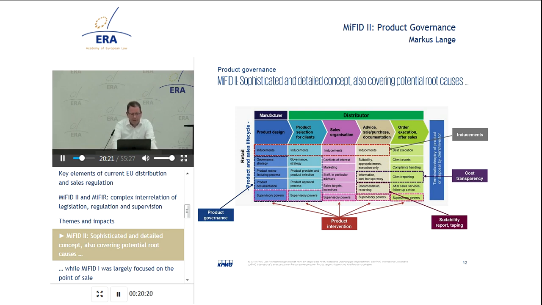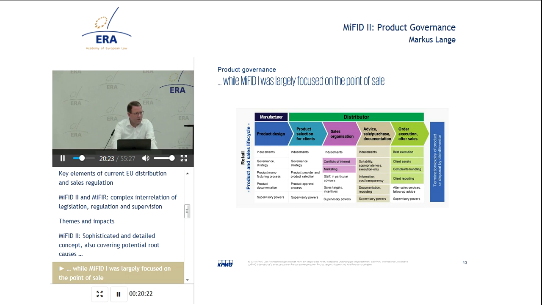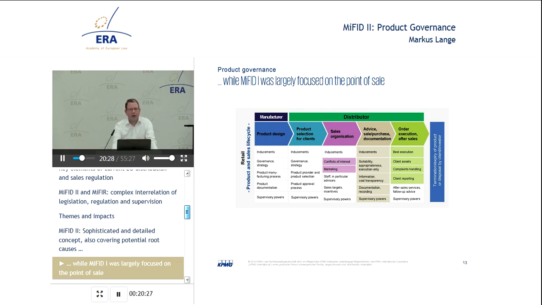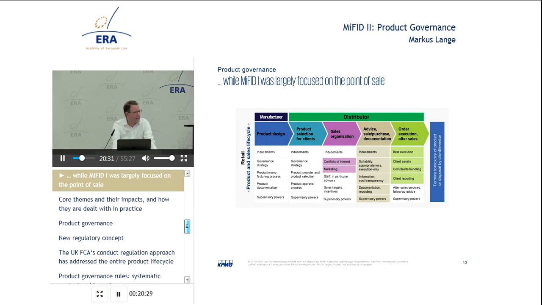This makes sense if you look at the slide I had normally first. As an average way to look at it, as far as I understand it from different countries, starting from Germany, the MiFID I world as it has been implemented and practiced by auditors and national competent authorities was quite focused on the point of sale, and everything that happened before generally was not covered by regulatory provisions.